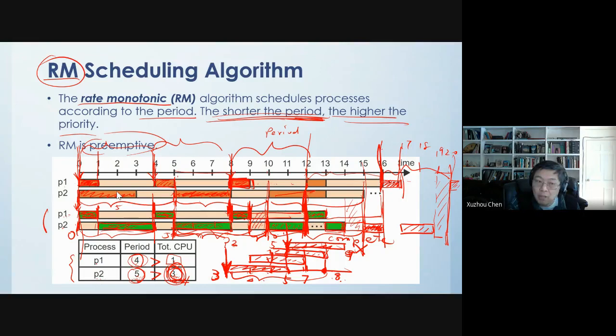But if you have more processes, process 2 may fail. Sooner or later, there might be a situation where process 2 cannot complete a CPU burst within a period. So there's a risk with this, but in this particular case, it's okay.